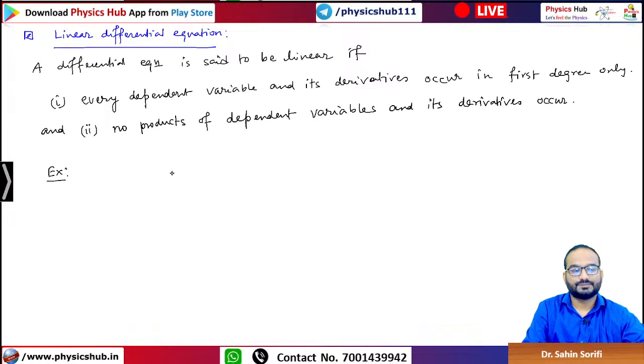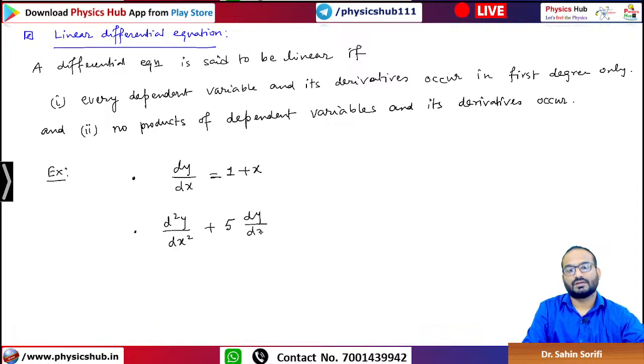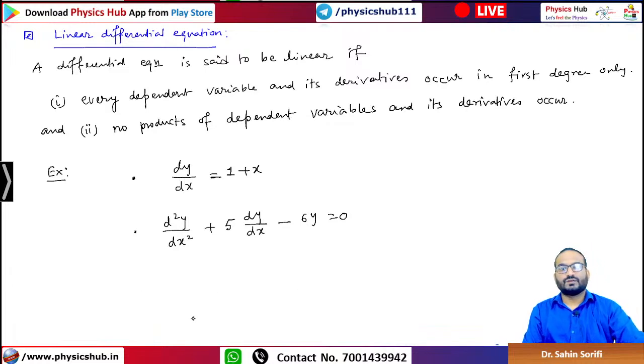Example, you can take, let's say, dy dx is equal to 1 plus x. Or d square y by dx square plus 5 dy dx minus 6y equals 0, and so on. So this is the concept of linear differential equations.